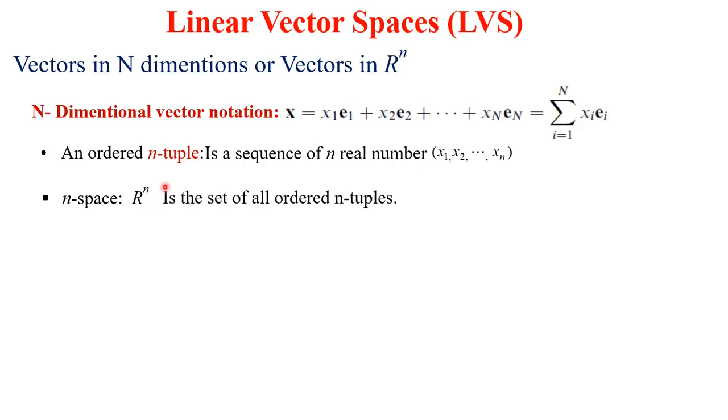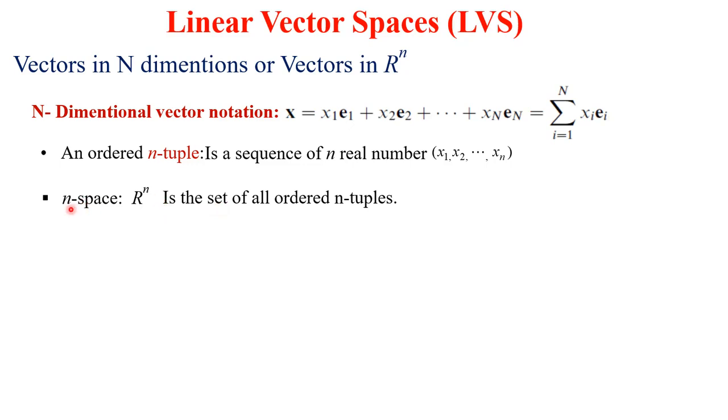If you make a collection of all n-tuples, then that set is called n-space. Let me just quickly remind you what a set is. A set is a collection of well-defined different objects. So if you make a set of all n-tuples, remember that every one will be included, all possible n-tuples will be included in this set. Then this set is called an n-space.